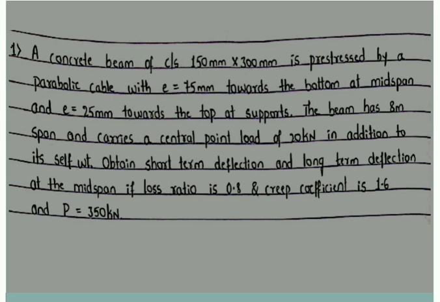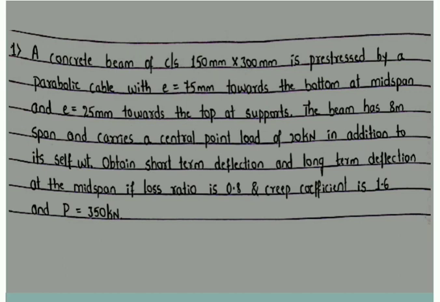So now, in this first example, we have a beam of cross section 150 by 300 which is pre-stressed by a parabolic cable. The eccentricity is 75 mm towards the bottom at the midspan, and towards the top at the supports the eccentricity is 25 mm. So the values of e1 and e2 are given here.